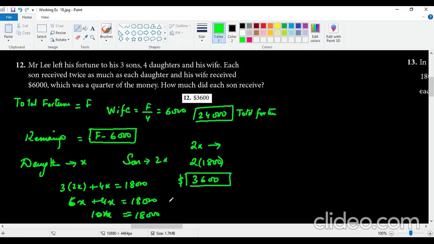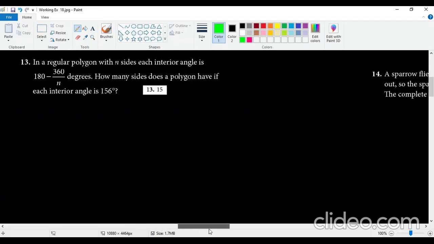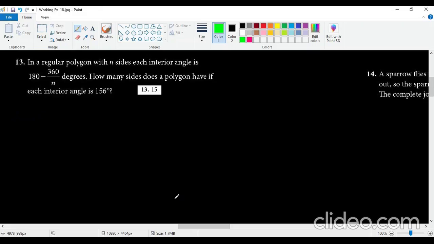Moving on to the next question. It says in a regular polygon, that means it is 180 minus 360 over n equals 156. That means if I keep the numbers together, 180 minus 156 equals 360 over n.